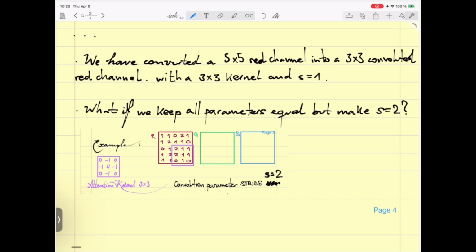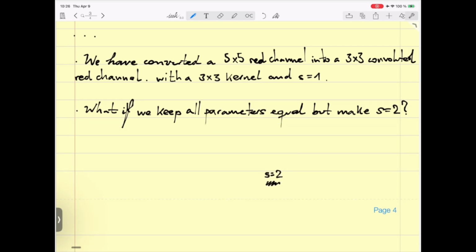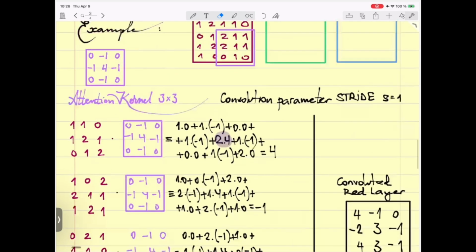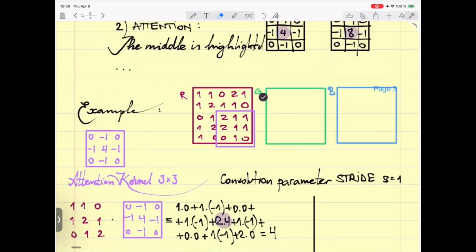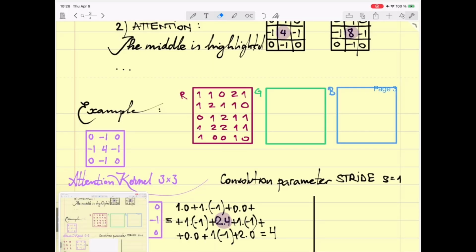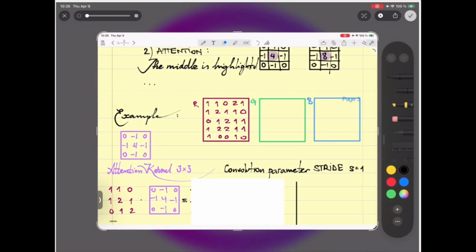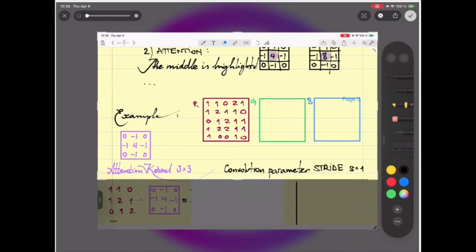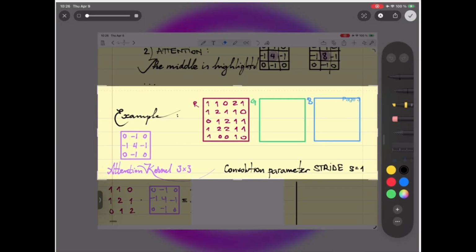I guess I need to do it again. I don't like it. I need to erase this. Let me do it again. So now our stride is going to be 2. This is cleaner.